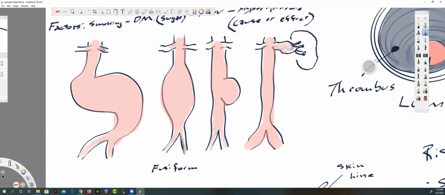It doesn't grow really fast, just kind of grows up and down and up and down the other way. We have this one here. Let me write this up here. Saccular.